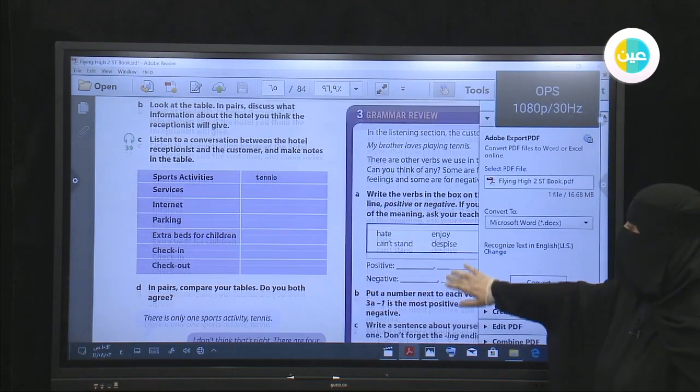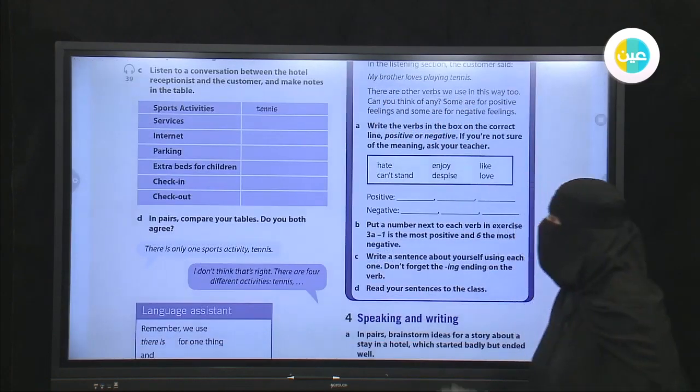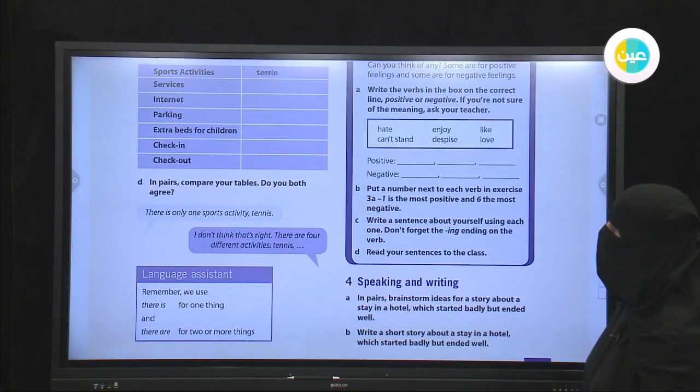Now, move on to D. Compare your tables with anyone. Do you both agree there is only one sports activity, tennis? This is the kind of conversation when you want to know about your friend or colleague's agreement.